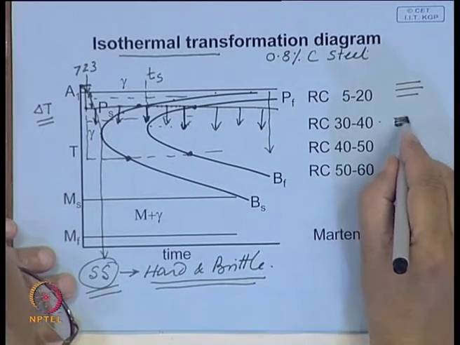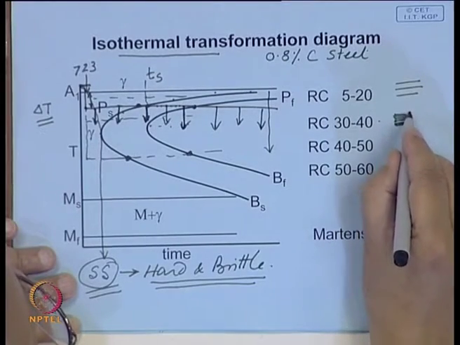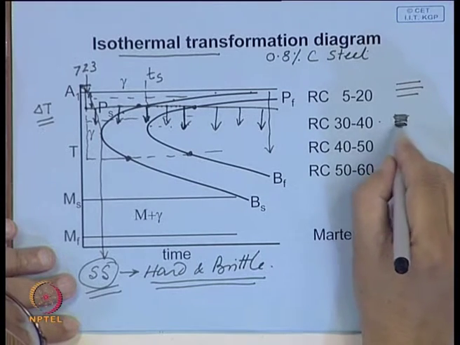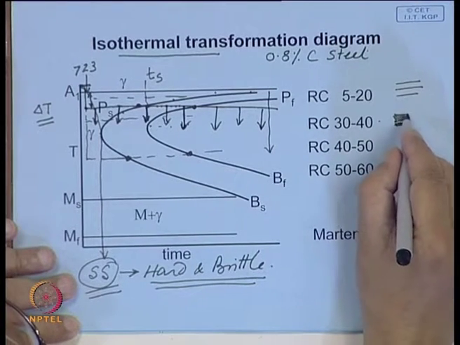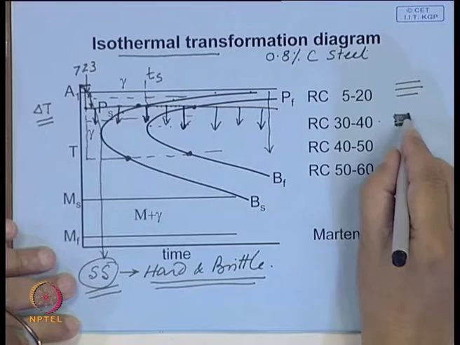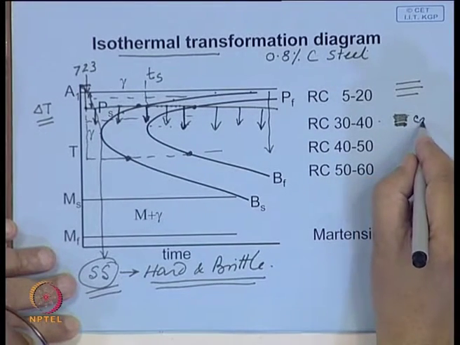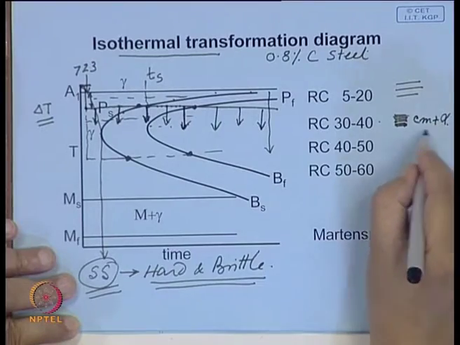Sometimes it may be so fine that it appears as a dark patch in the microstructure, but at high magnification they can be resolved, and you can see that they are also made up of alternate layers of cementite and ferrite.